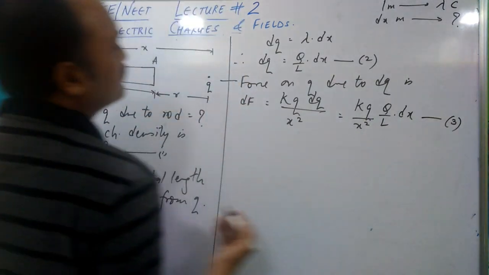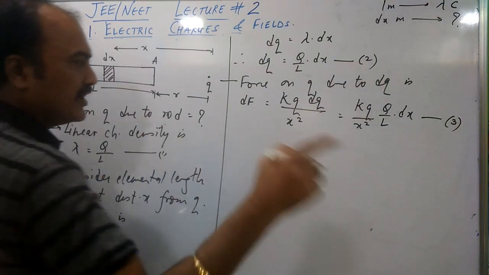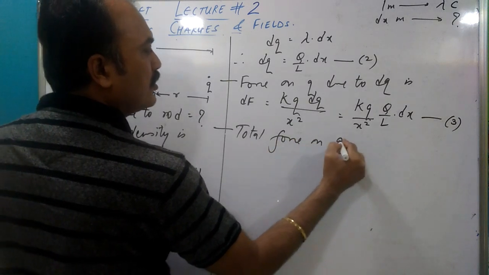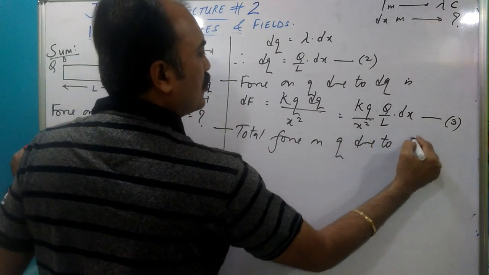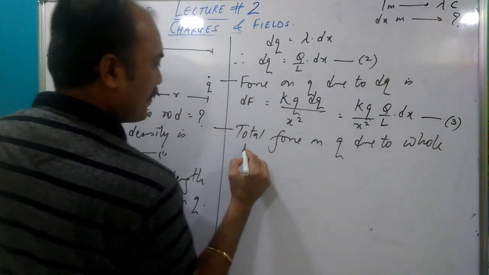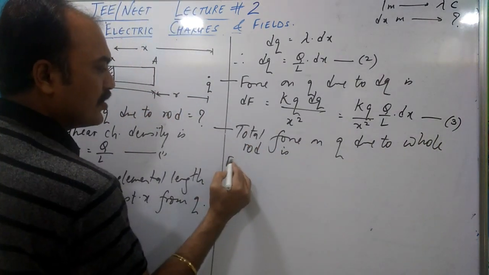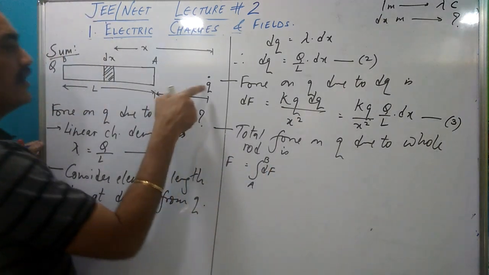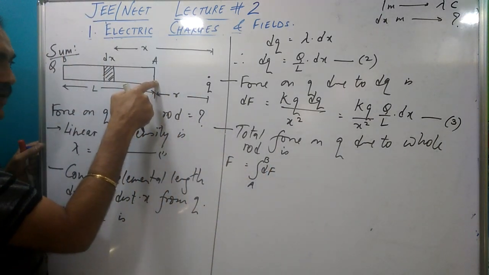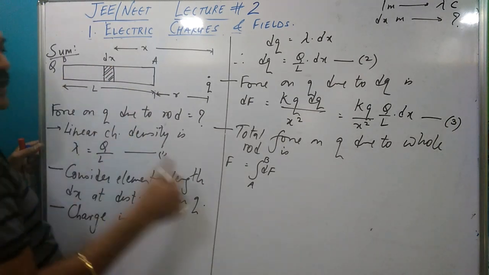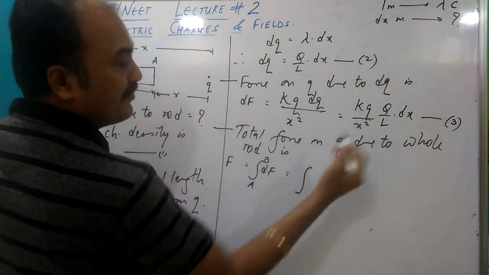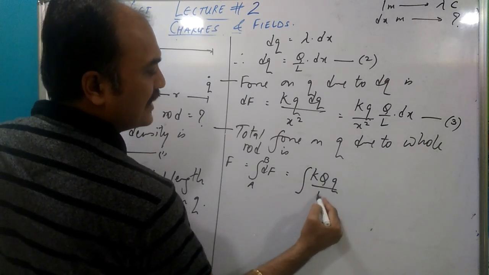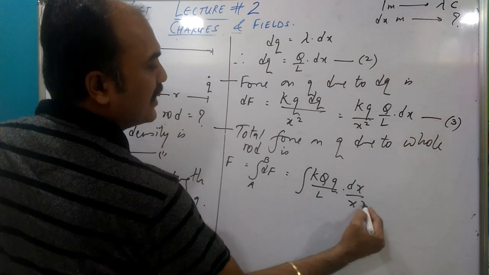And now what, sir? If you want total force, integrate. So total force on Q due to the whole rod. So F is the integral of dF from point A, this is one end point, to the other end point B. dF is k Q Q by L dx by x square.